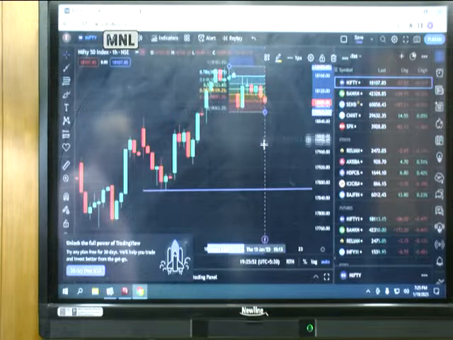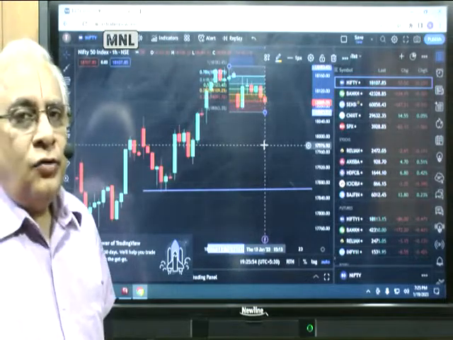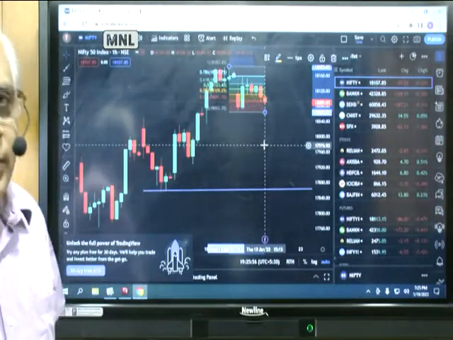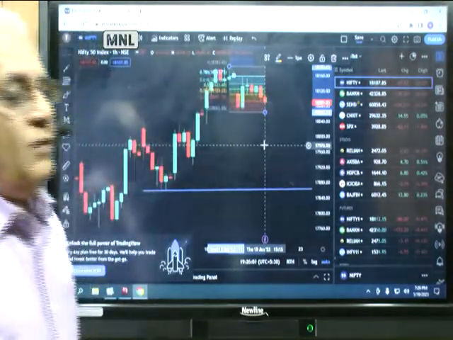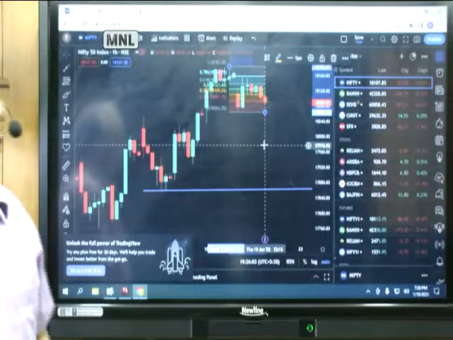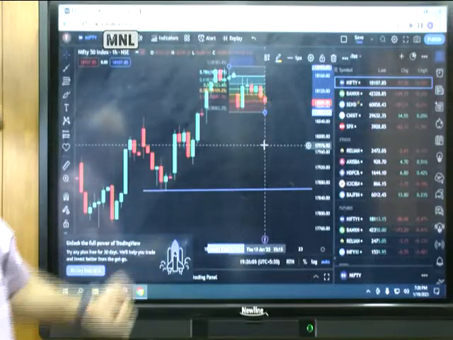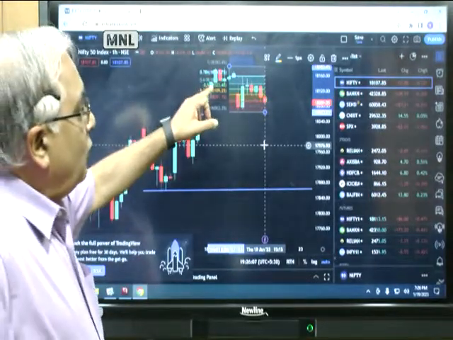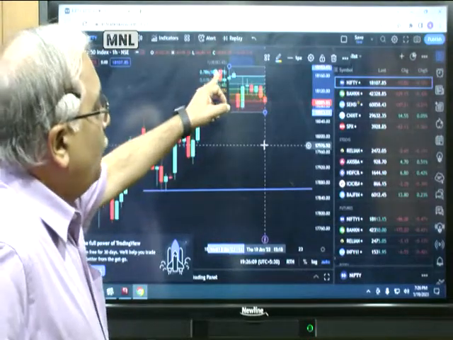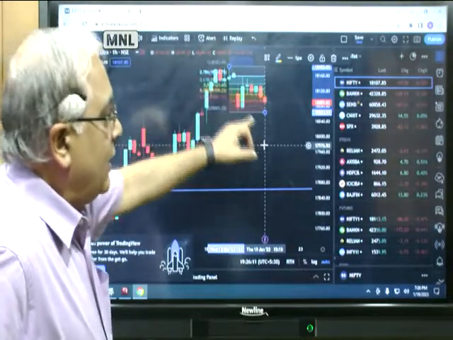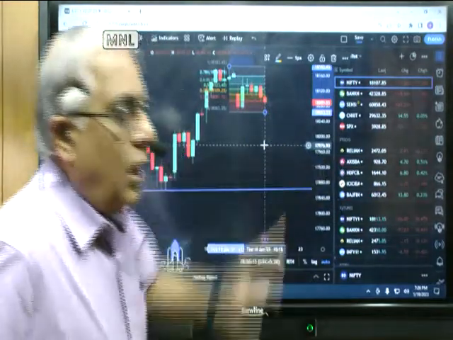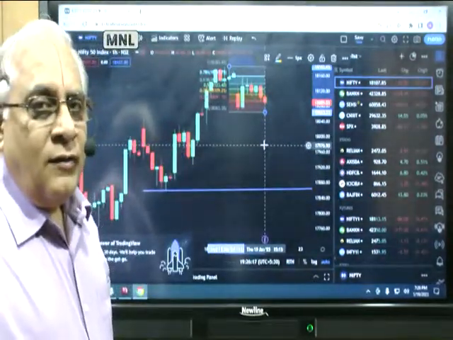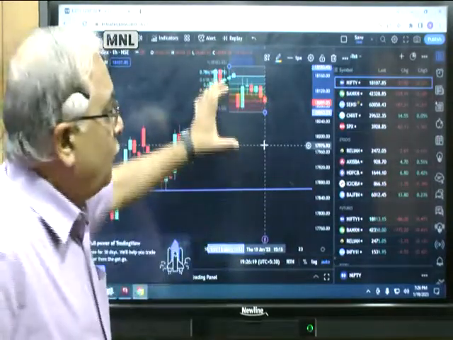So once it started to cut this 23.6% retracement and go below that, we keep the 78.6%, 18,157, as a stop loss. So from now onwards, we will keep on moving the stop losses from this particular high 18,183 to whatever low takes place, and the 78.6% retracement of whatever happens from there.